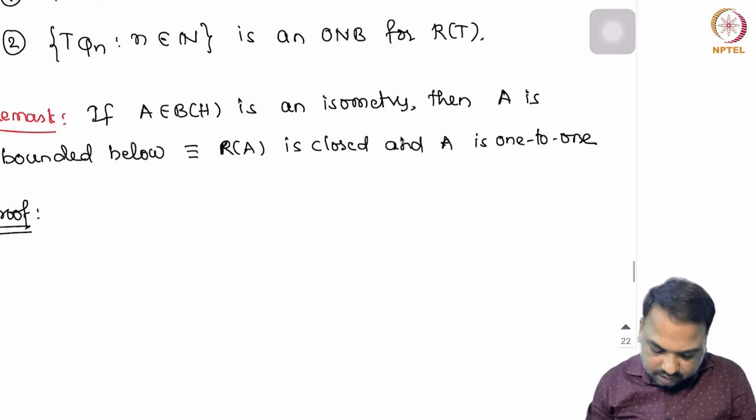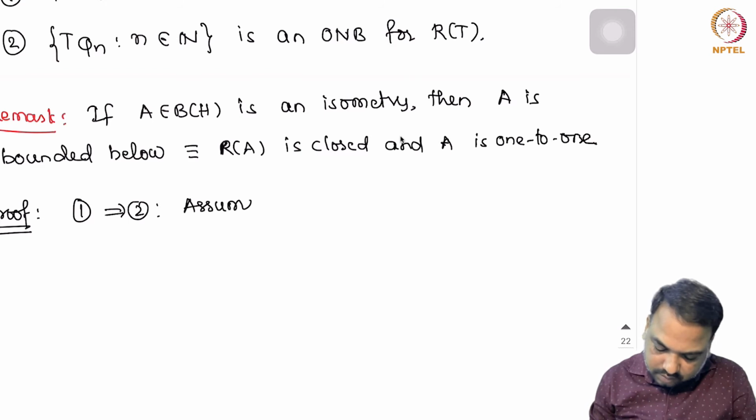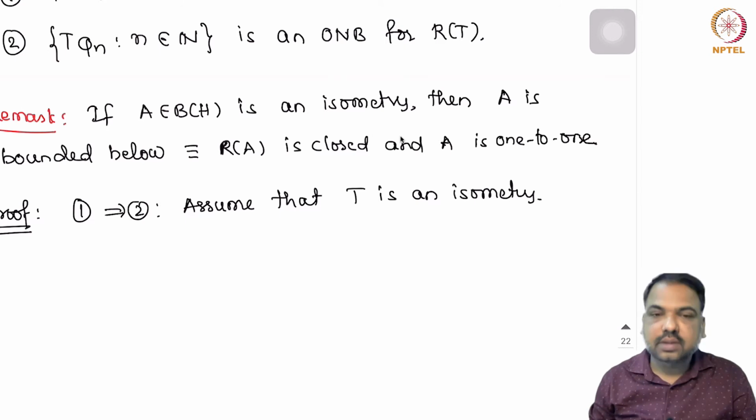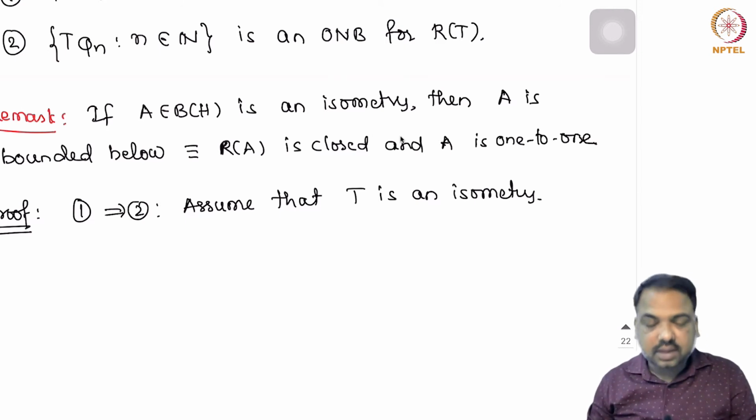Assume that T is an isometry. 1 implies 2. We have already shown that whenever phi n is an orthonormal set, T of phi n is an orthonormal set in the codomain.